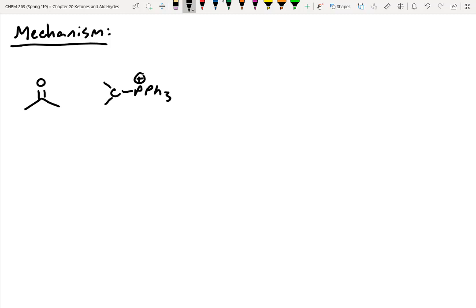So I'm going to spin this around so that the carbon end is facing our ketone. Doesn't really matter. But just like we saw with the Grignard reagent, this carbon with the negative charge is going to slam into that electrophilic carbon on our ketone or aldehyde and kick up electrons. So pretty intuitive at that point.